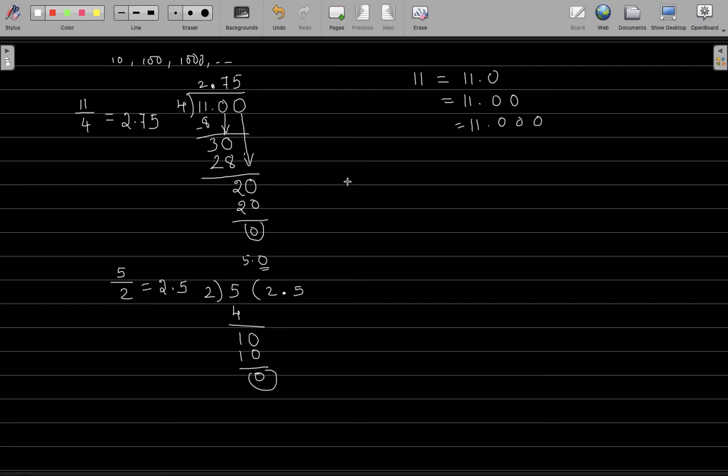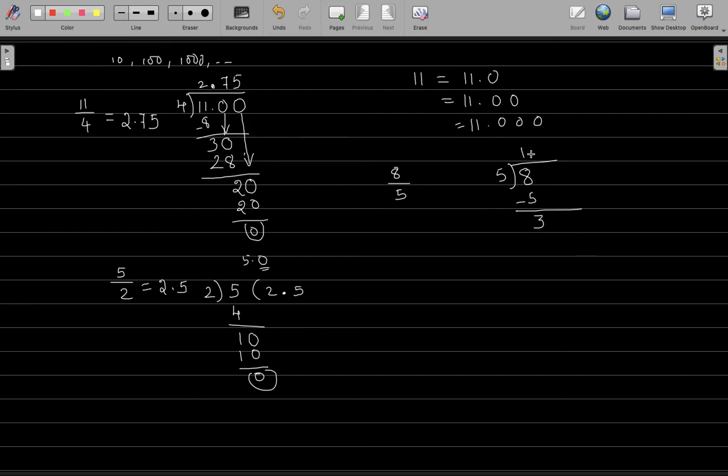You understand? Let me say, for example, I have a fraction like 8 by 5, right? When I am dividing 8 by 5, 5 times 1 is 5. When you subtract them, 8 minus 5 is 3, so you got a remainder 3.